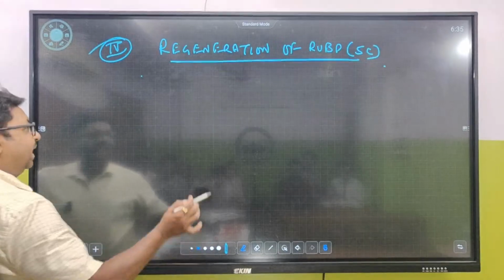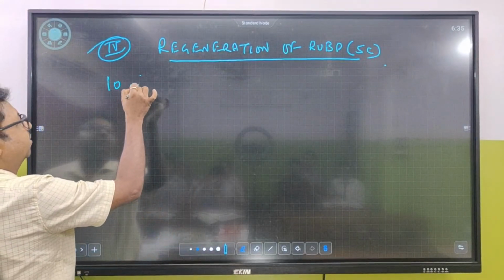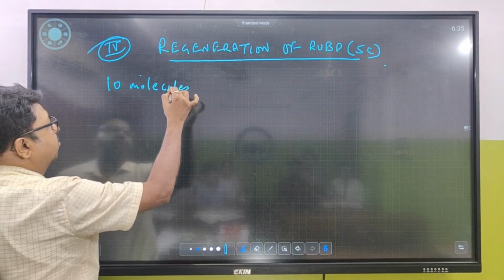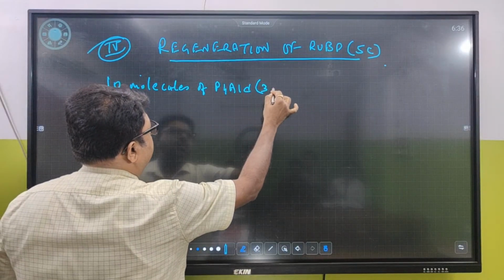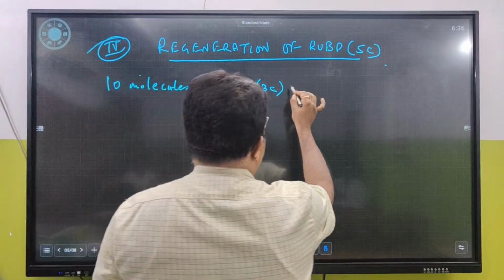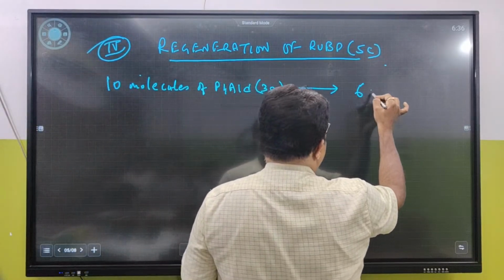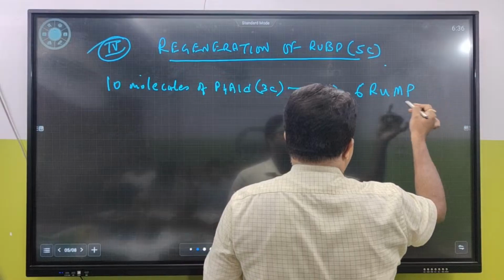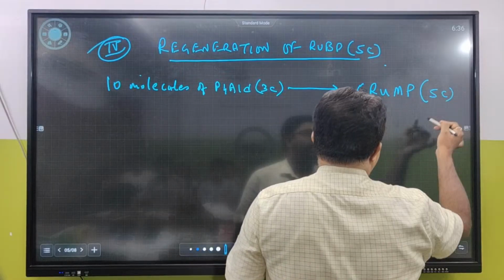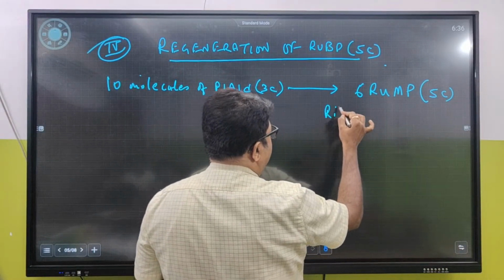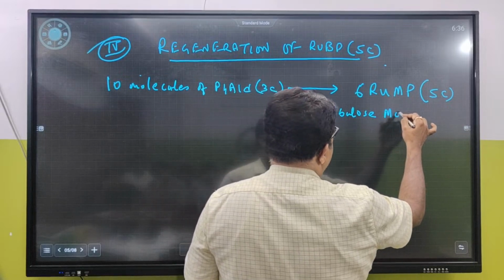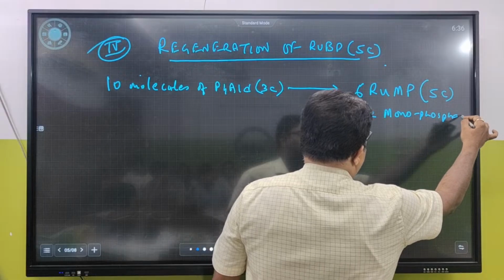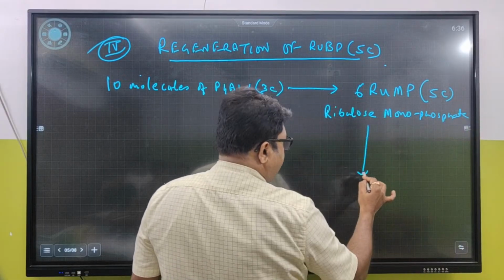So you need to utilize these 10 molecules of PGALD, which is a 3 carbon compound. You need to first make RuMP, a 5 carbon compound. What is RuMP? Ribulose monophosphate.